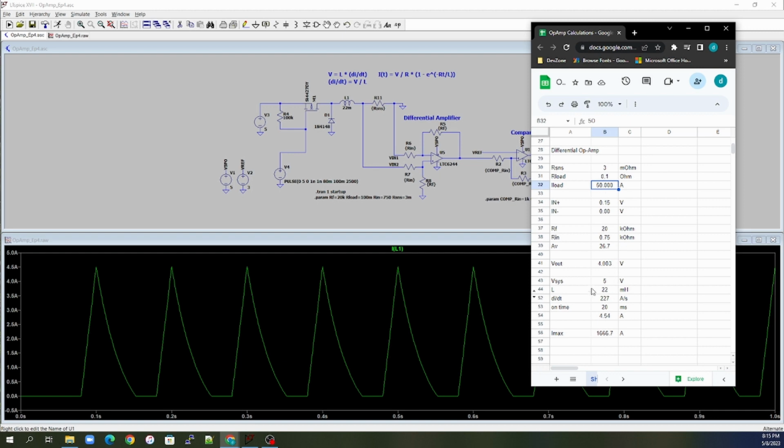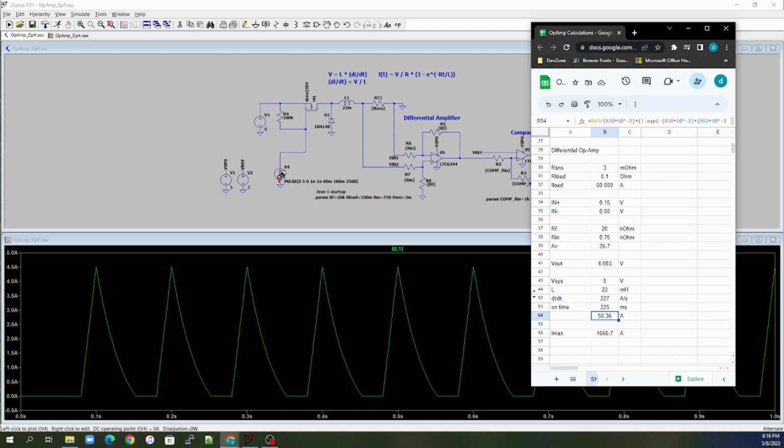So in the same respect, we want to be able to turn this pulse on long enough to get us 50 amps. So we've got our little formula down here already set up. Because it's a spreadsheet, I can just go ahead and mess with the numbers until I get to about 50 amps. So 225, close enough, 50.36 amps.